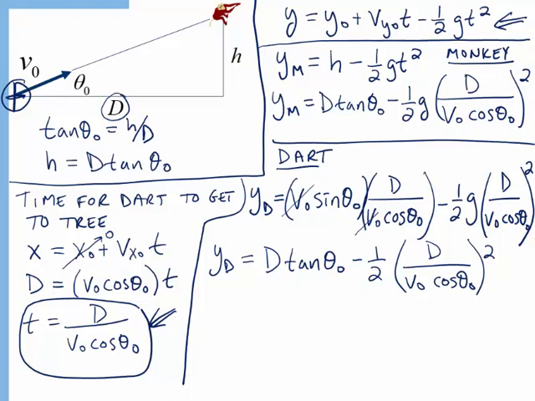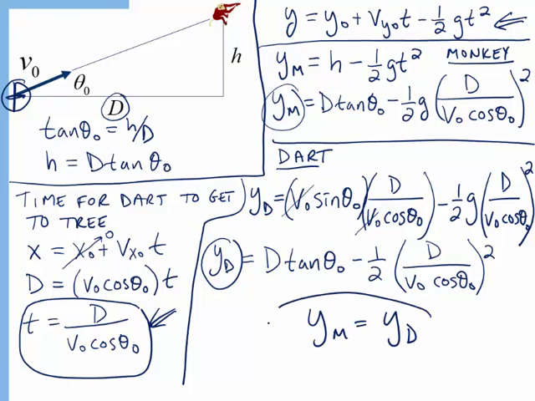So what do you notice about ym and yd? They are identical. So once we work this out, we see that no matter what the values are that we plug in, as long as our initial conditions are met, the monkey and the dart are always at the same height when the dart gets there, and therefore the monkey always gets hit.